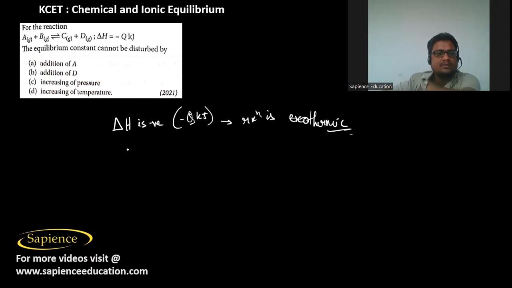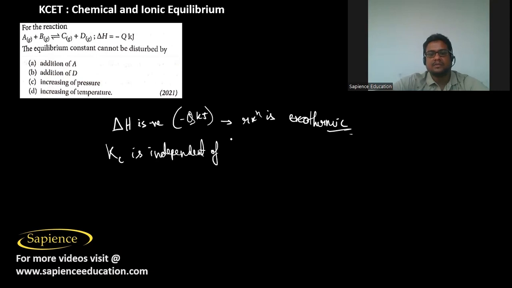So now the equilibrium constant, as we know, equilibrium constant Kc is independent of the concentrations of the products and of the reactants.